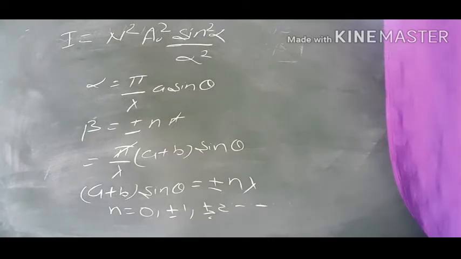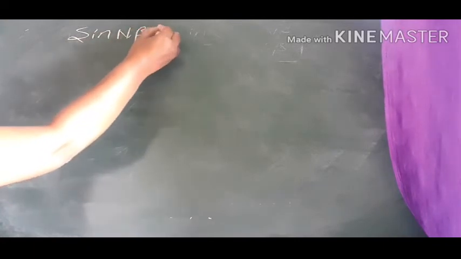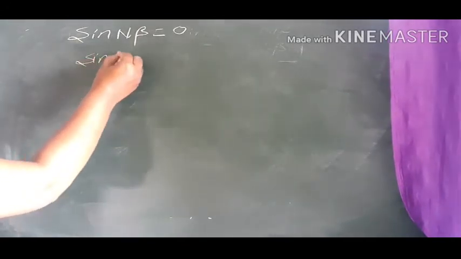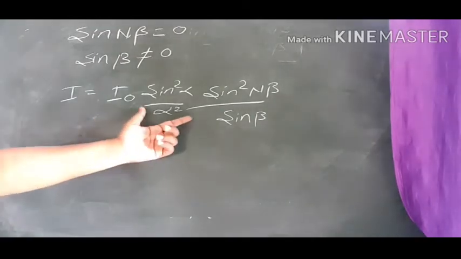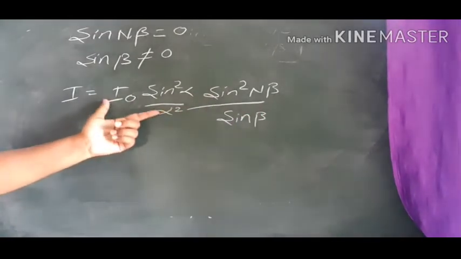Now we have to find the secondary maxima and minima. Now if sine n beta is equal to 0, but sine beta is not equal to 0, then intensity will be minimum. The resultant intensity is given by this equation.